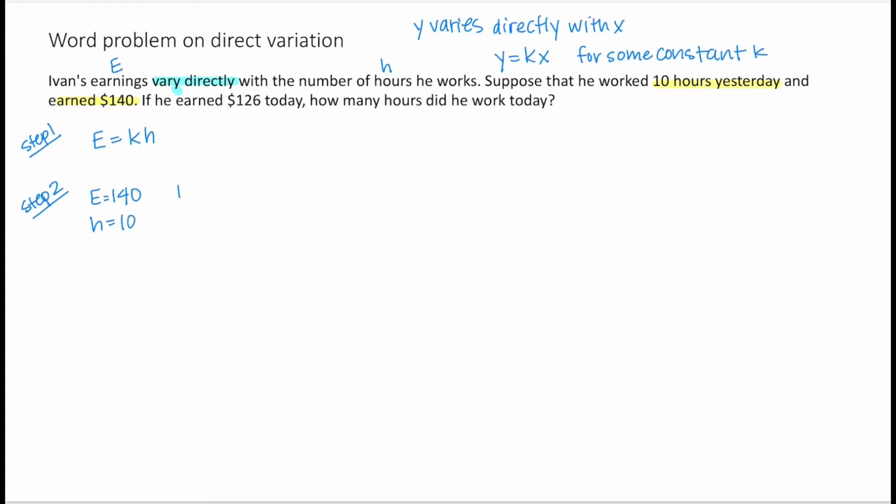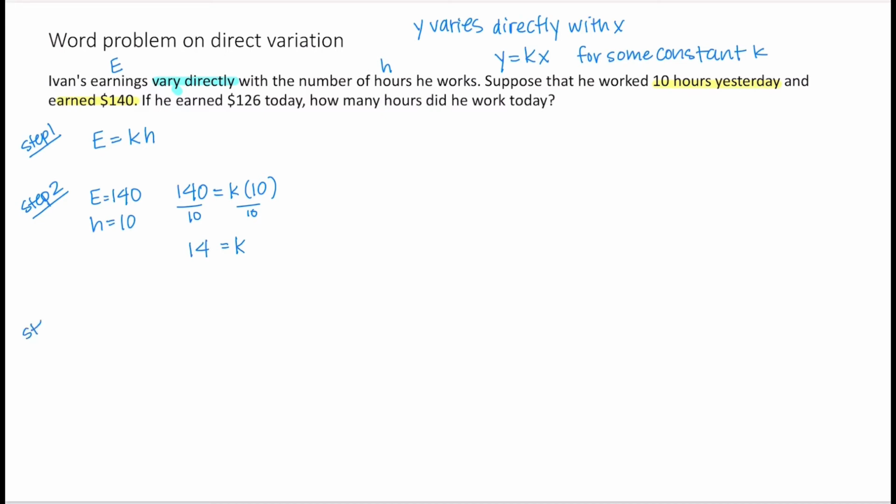So that means I can say that 140 equals k times 10. And I want to solve for k, so I'll divide by 10. And I have that k equals 140 divided by 10. I can do that division in my head, and I end up with 14.